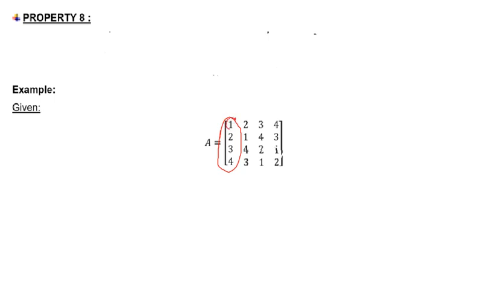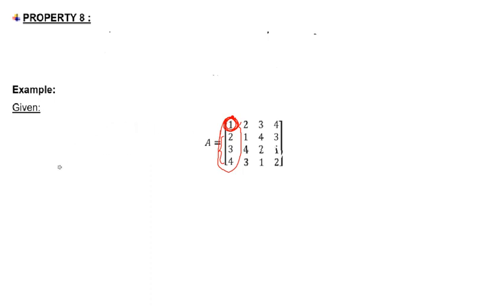So except this uppermost number, all the elements here are equal to 0. And then the uppermost number should be equal to 1 or negative 1, so that we can get the determinant of A.